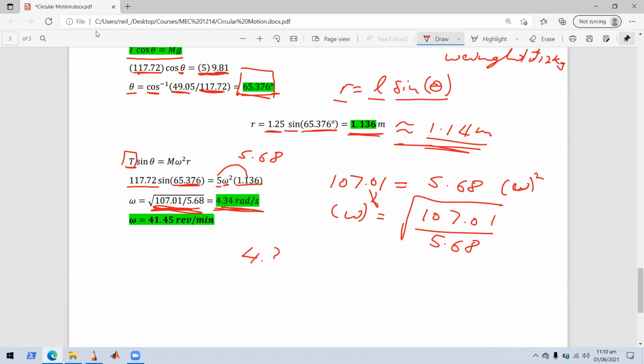So 4.34 times 60, and then divide that by 2 pi, because 1 revolution is equal to 2 pi. Therefore, 1 rad is equal to 1 upon 2 pi revs.